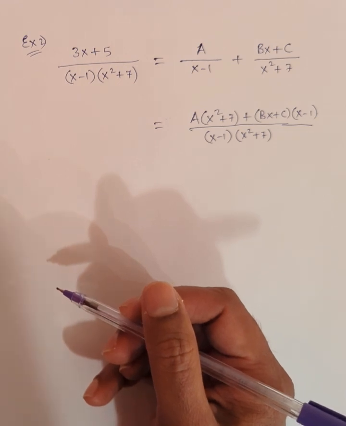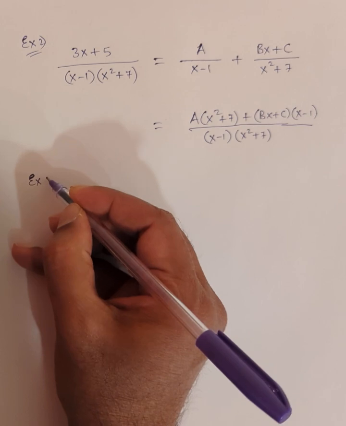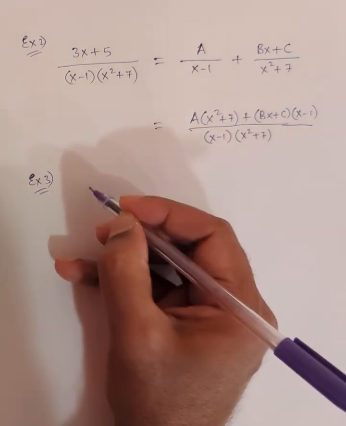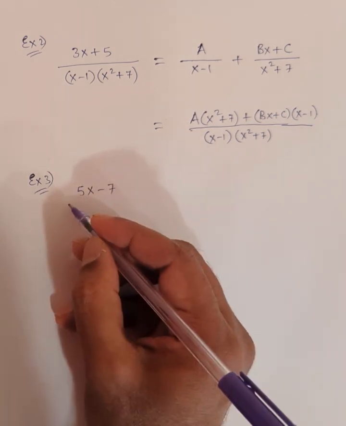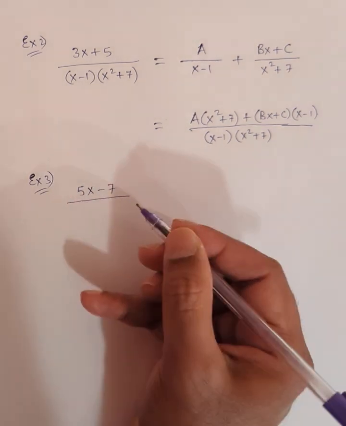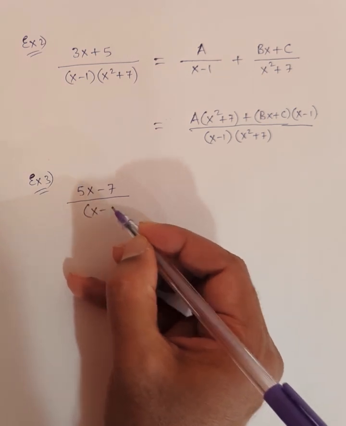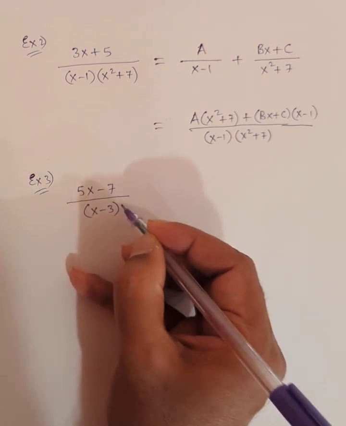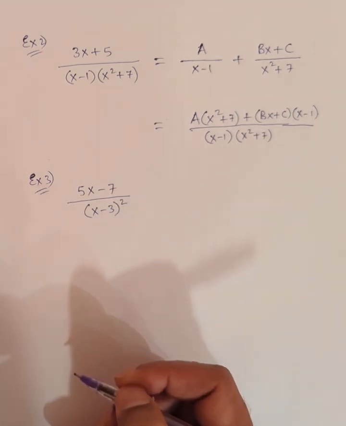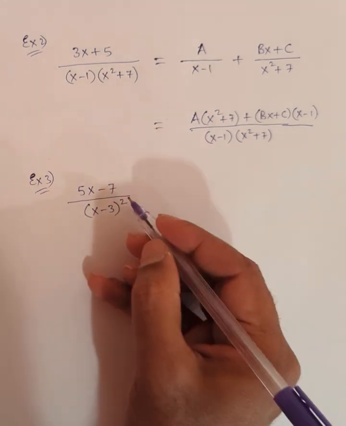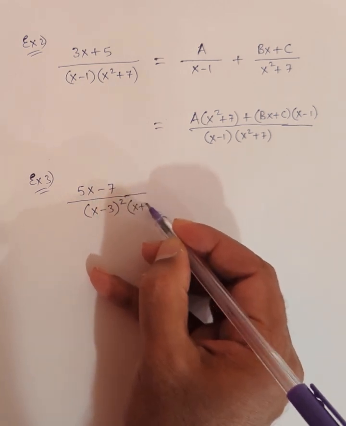There's one other situation though that we should discuss. What if you have say something like 5x minus 7 and you have say just one factor but it's repeated, and also say one other factor, so x plus 1.